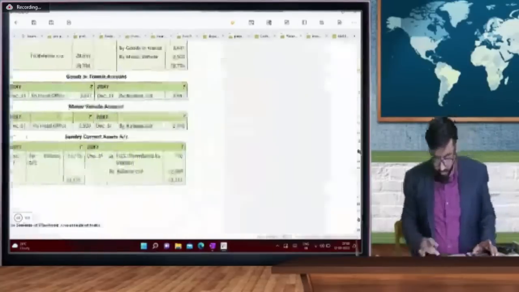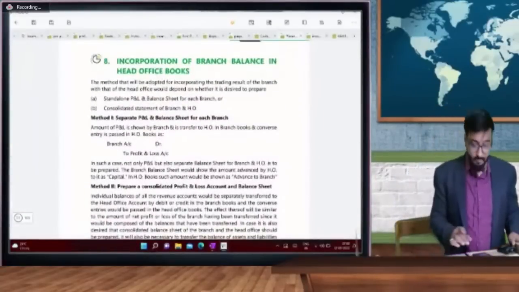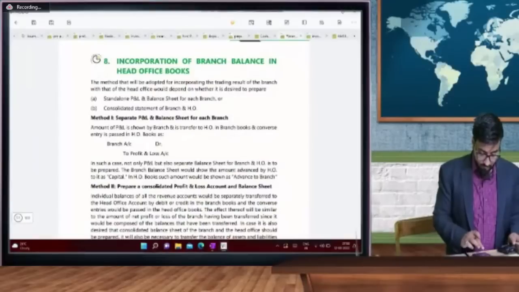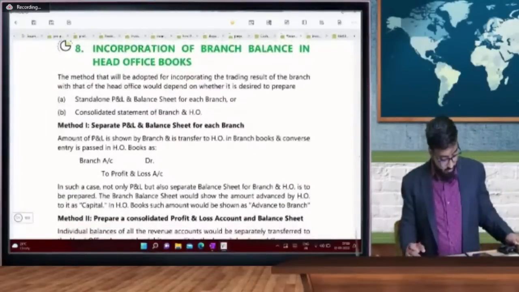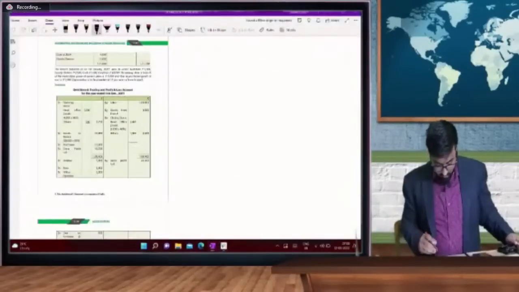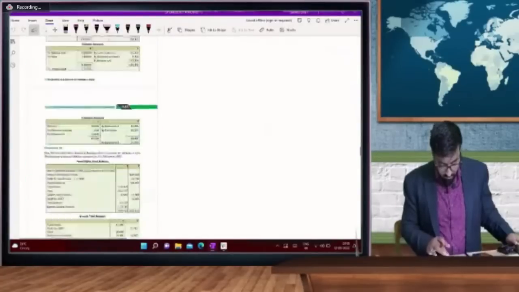Okay, Illustration 10 we have completed. So let's move to illustration number 11. Come to illustration number 11.